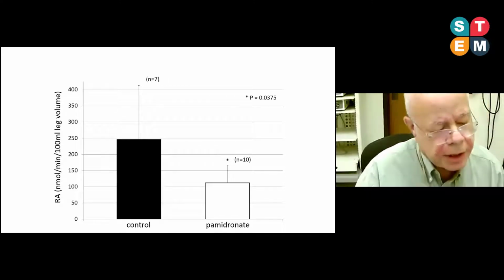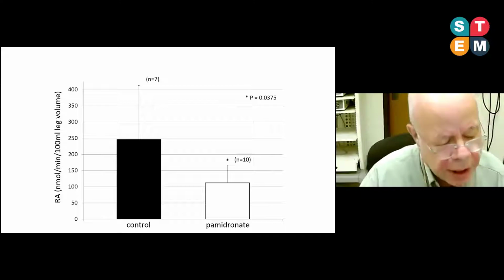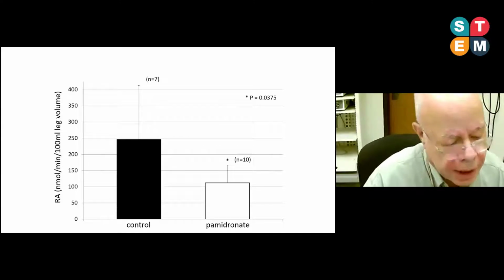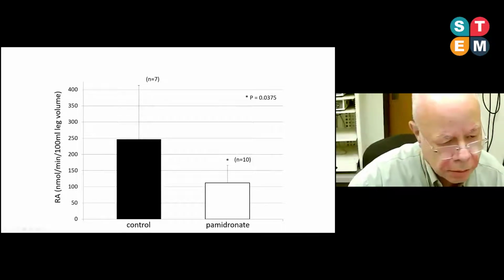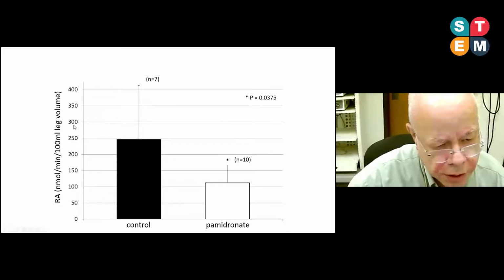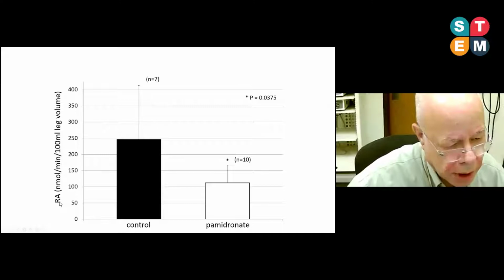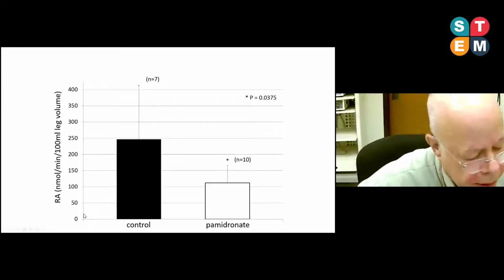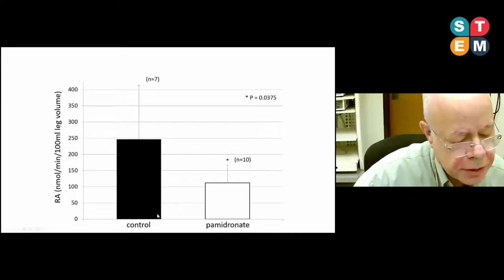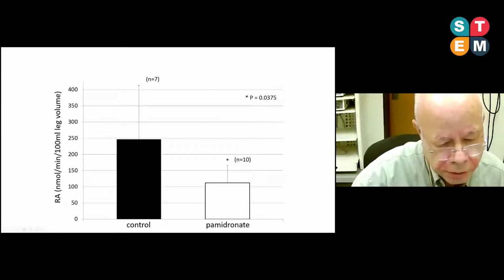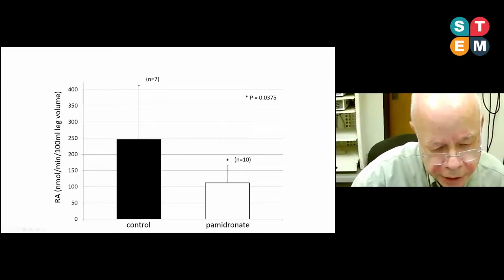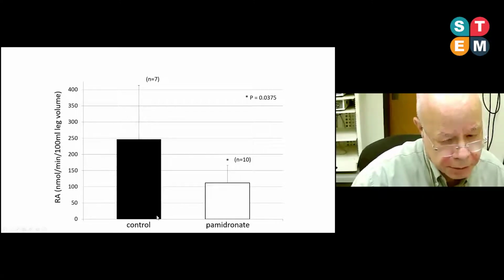So the key findings from these muscle protein kinetic data were shown on this slide. The rate of muscle protein breakdown, which is shown here on the y-axis, is considerably reduced in the burn patients who received the pamidronate treatment compared to those who received the placebo.